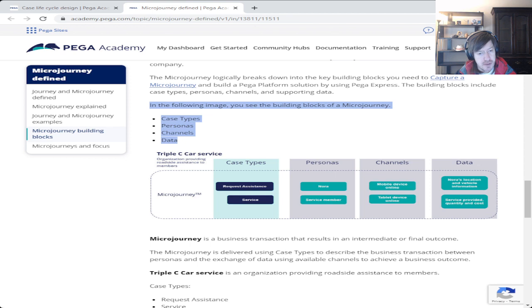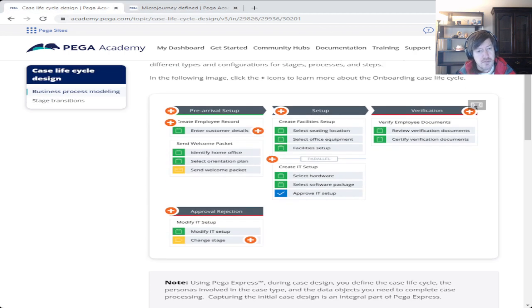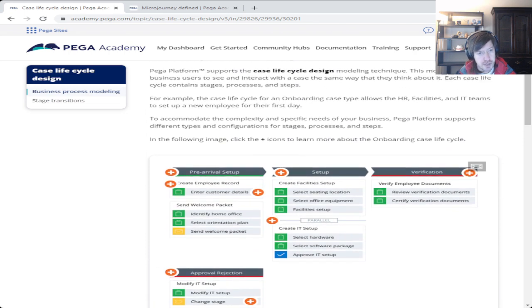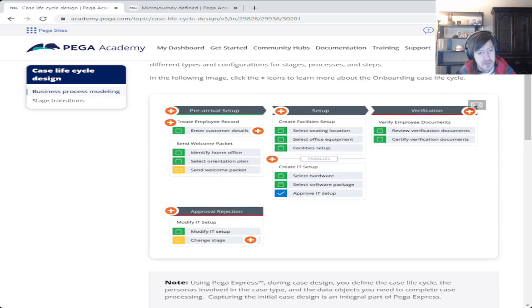And you don't have different case types here. This should all be under request assistance. Even this part shouldn't be a thing. Okay, so here's the case lifecycle design.